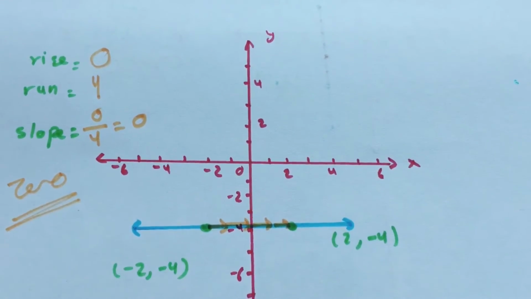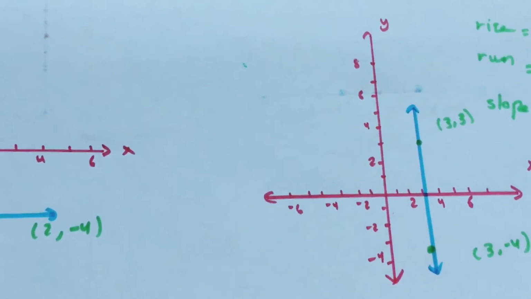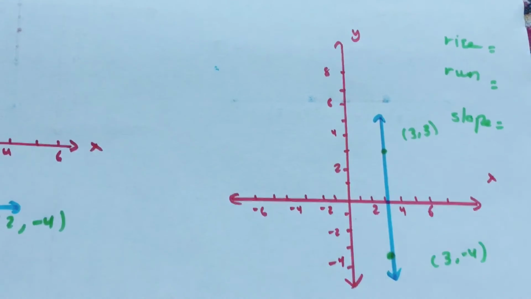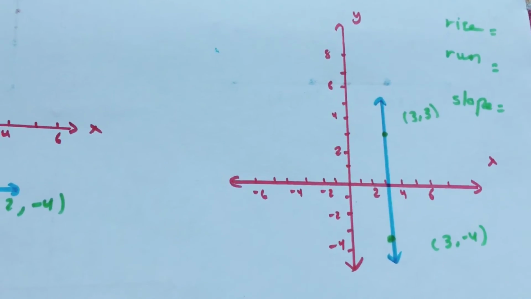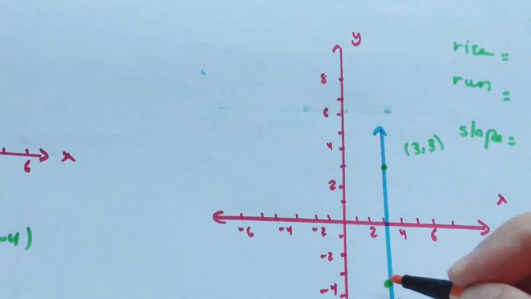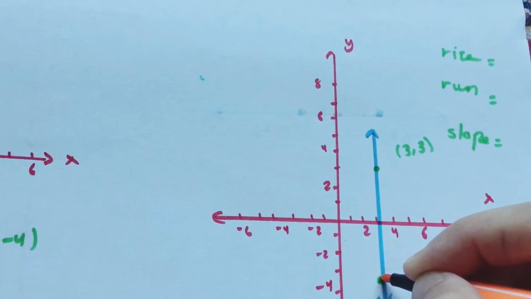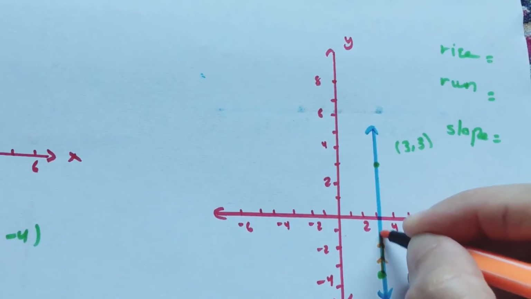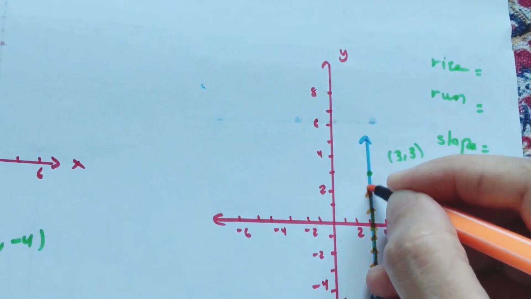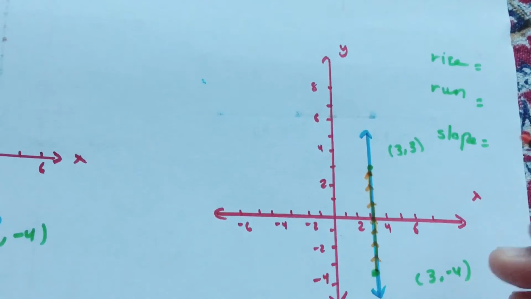Let's see the last kind of slope, which is when the line is vertical. Let's see how the slope will be. Okay, the rise. Let's see the rise. I'm going to go from down to up. Going up. 1, 2, 3, 4, 5, 6, 7. Okay, so I went 7 up.